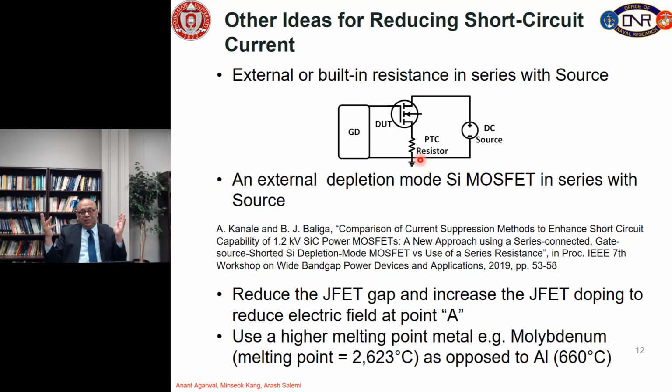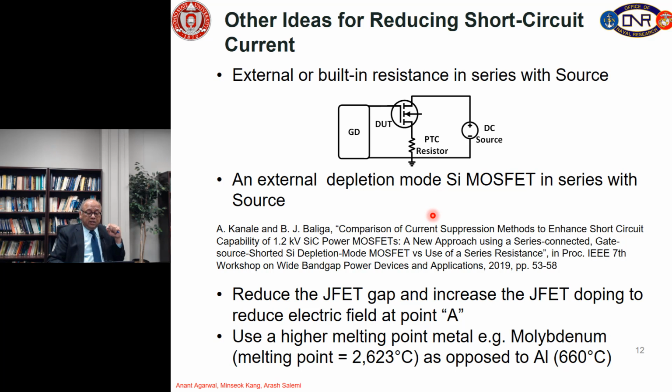So, that is an ideal thing. You want high resistance when you are in short circuit and low resistance when you are in on state. So, these are two things that a circuit designer can do by putting a resistor or a depletion mode silicon MOSFET externally to the device.